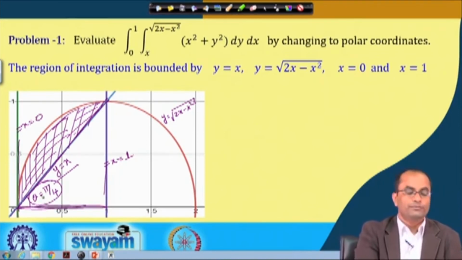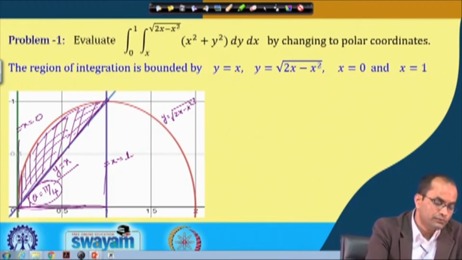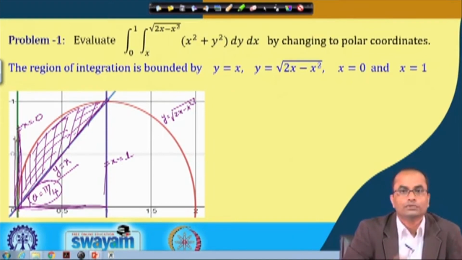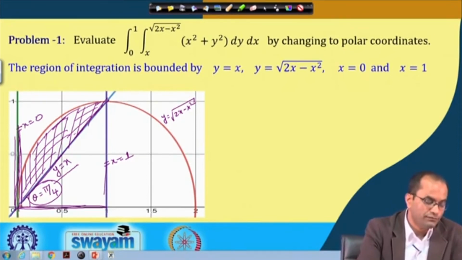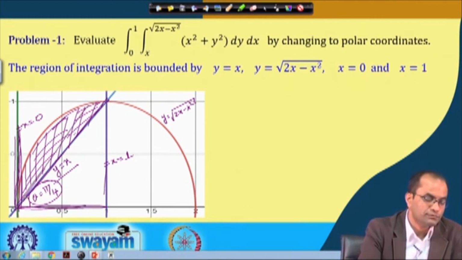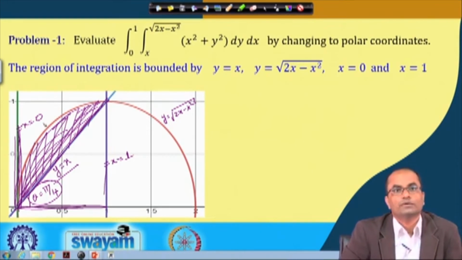So, it is pi by 4, and then we are going up to this line, that is pi by 2. So, theta is varying from pi by 4 to pi by 2, and for r we are always going from 0 to this circle. So, we are going from 0 to that circle.